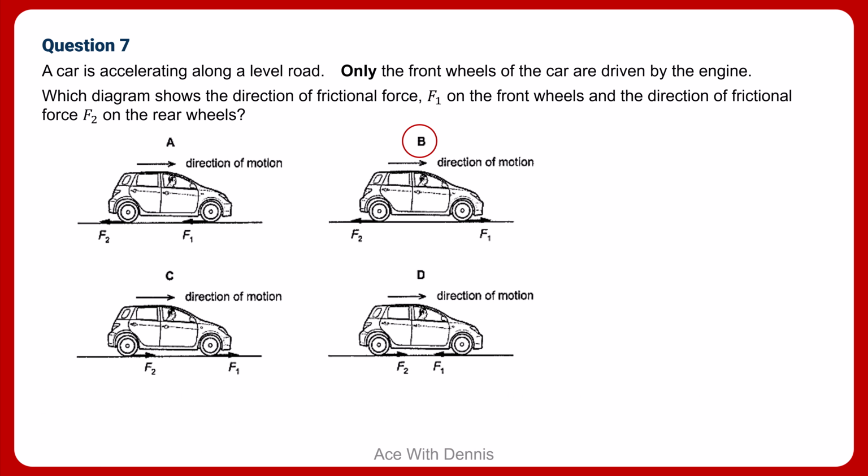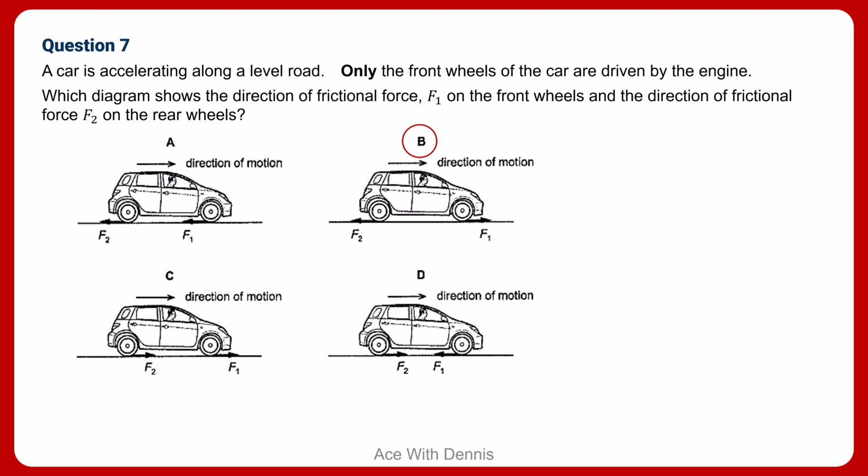On the other hand, the rear wheel is dragged to the front by the engine. The driving force of the rear wheel will be the same direction of the force that drags the rear wheel. The frictional force will react in the opposite direction of the driving force, hence it will be in this direction. Therefore, the answer is B.